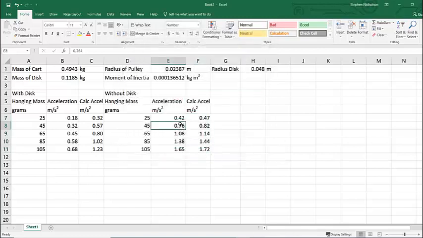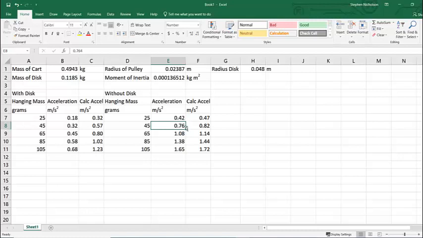Okay. Now you can see that the agreement is much better here. You would expect the measured to be less than the calculated because you've got friction and you've also got moment of inertia of the actual rotary motion sensor.